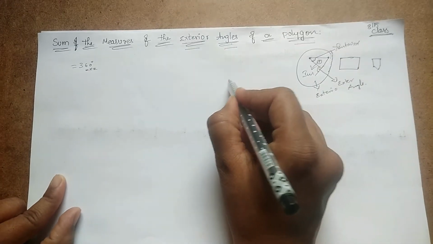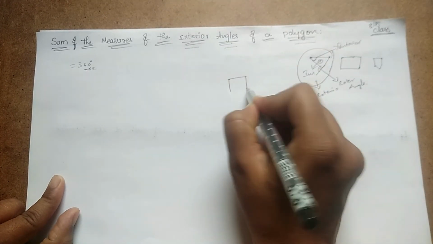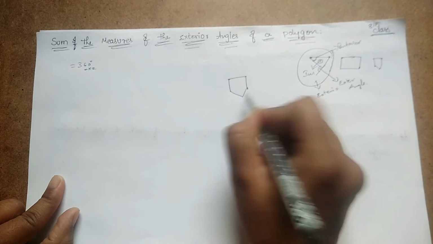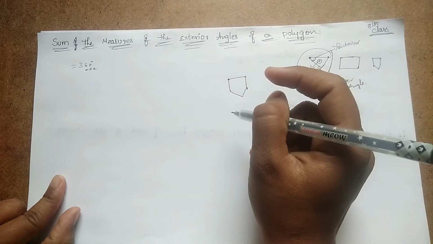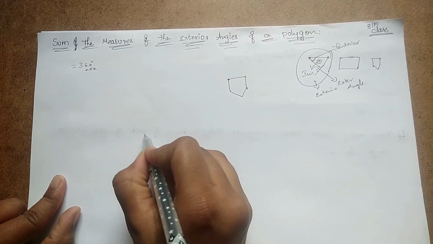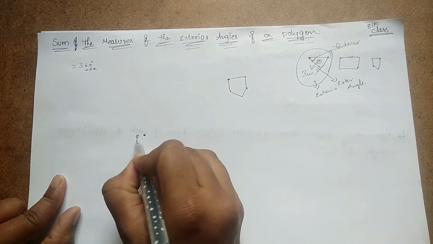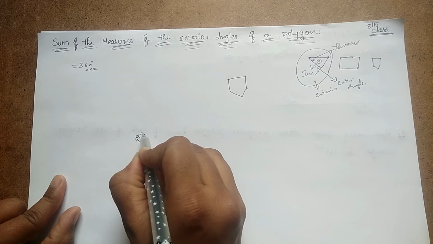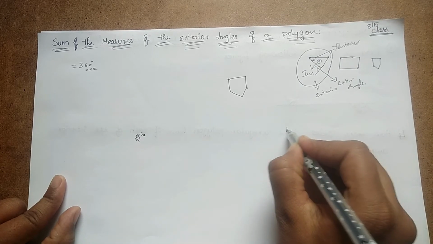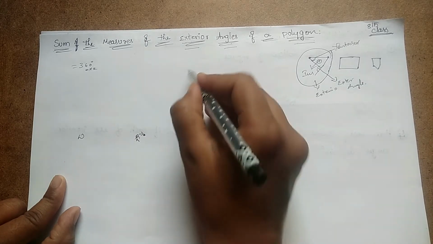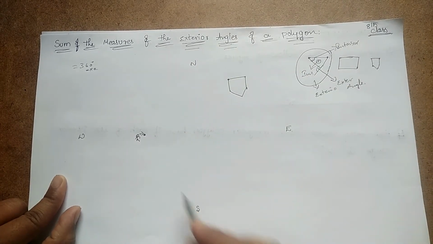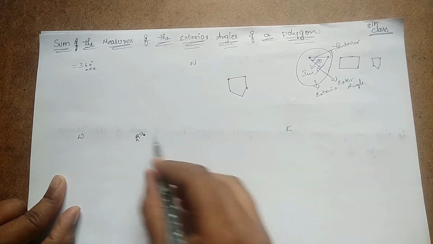Just take a polygon. I am taking a pentagon here, just a simple example. I am standing here facing towards, assume this as east, this is the west, this is the south, and this is the north. I am facing towards east.